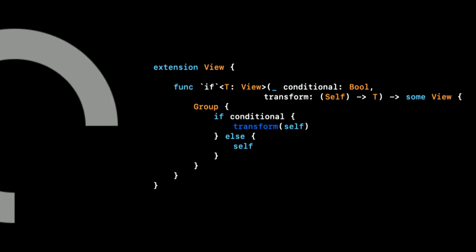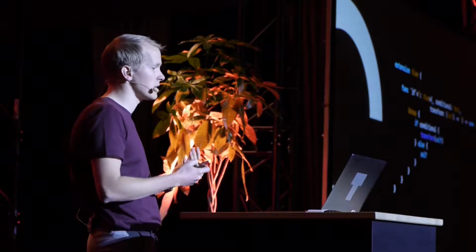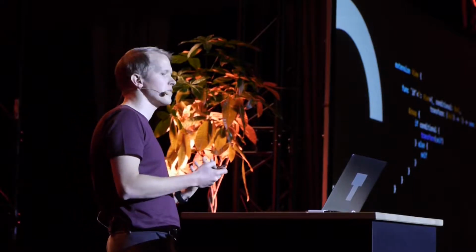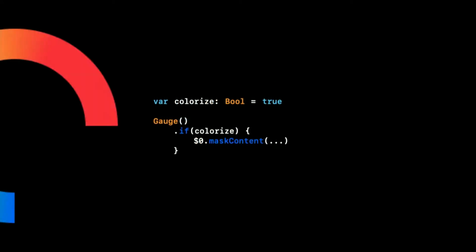The two return types are the transform itself and self itself. This also means that flipping the transformation on and off can't be animated nicely, since SwiftUI's diffing algorithm for animation is based on the types themselves. In our case, we don't mind about this trade-off, since we're not going to use this for user-facing changes, only for tweaks in our prototyping process.